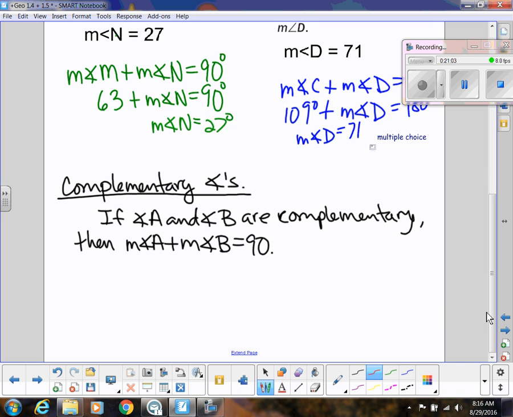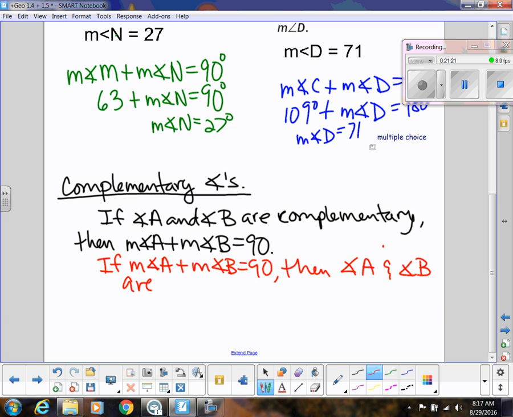And of course, since this is a definition, the opposite is true. If the measure of angle A plus the measure of angle B equals 90, then angle A and angle B are complementary. That's how definitions work, right?